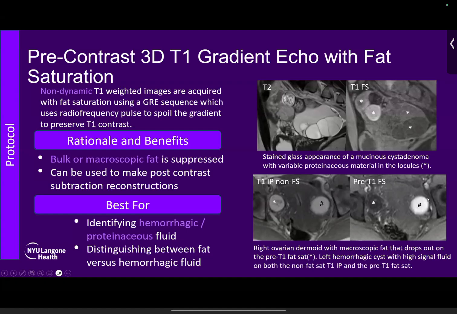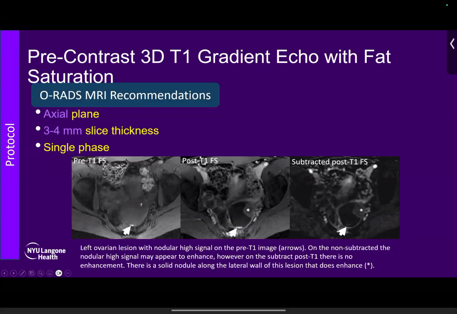So this was a hemorrhagic cyst or endometrioma. So that just shows you the importance of having both non-fat suppressed and fat suppressed T1 sequences in your protocol.